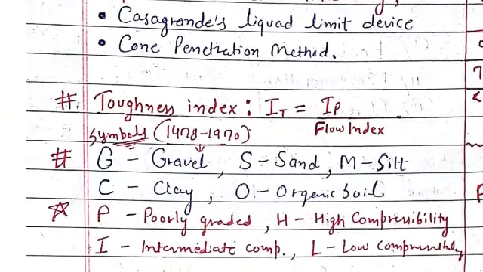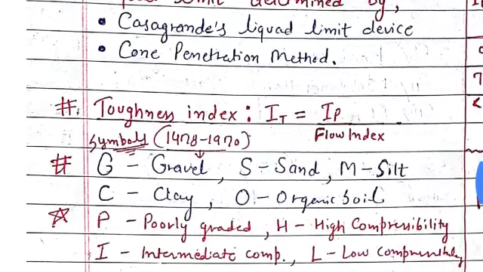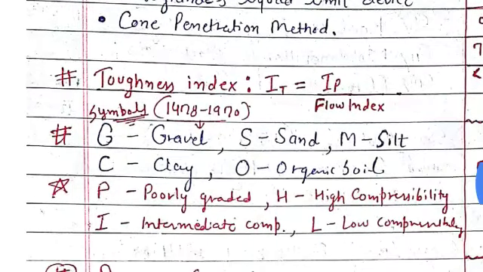Next one is toughness index, that is denoted by IT, is equal to IP, that is plasticity index upon flow index.